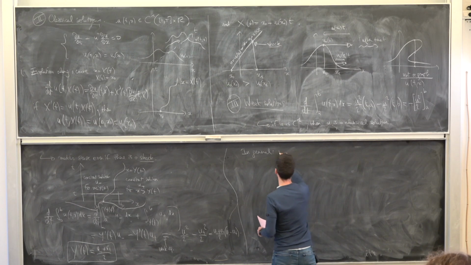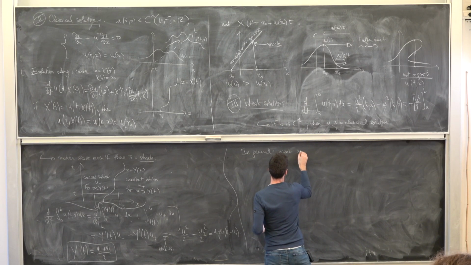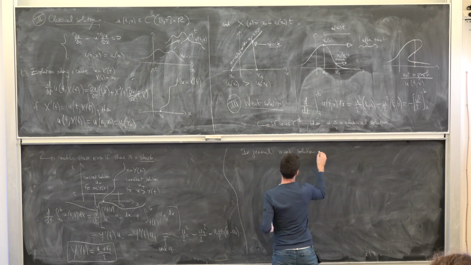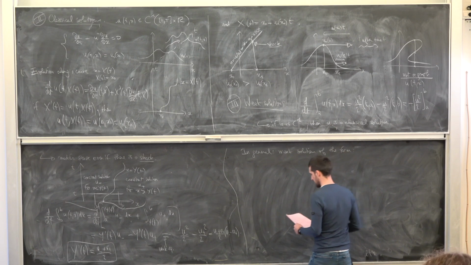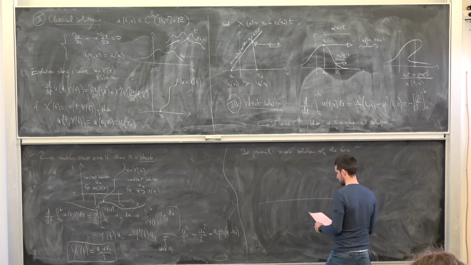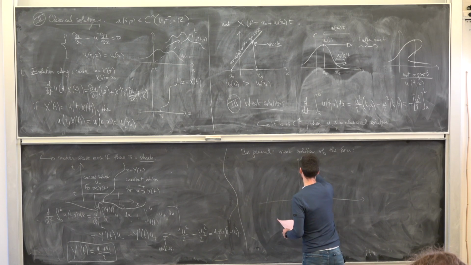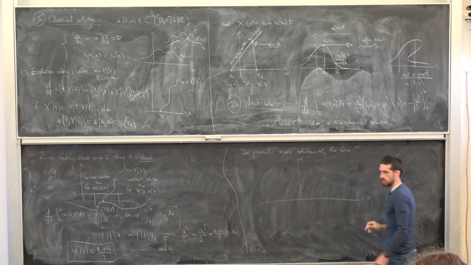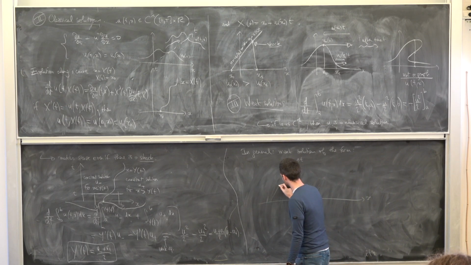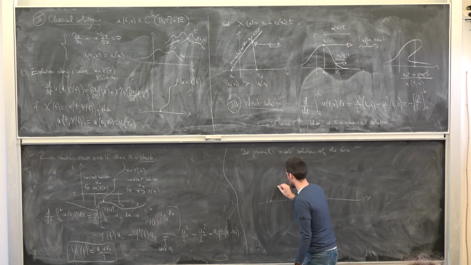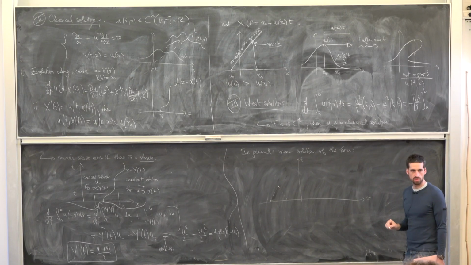In general, you will have weak solutions which are of the following form. So I'm just going to do a picture. I have time t, I have space x. Say I start with a smooth solution, and then it could happen that here my characteristics meet at some point. Right, this was my first picture.